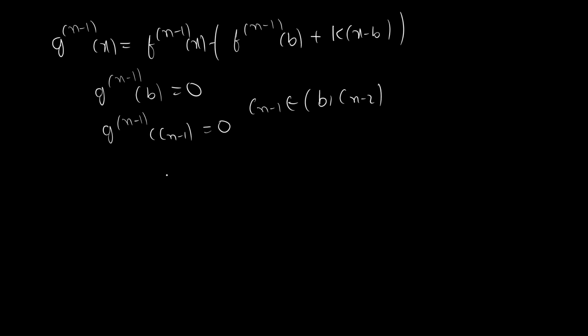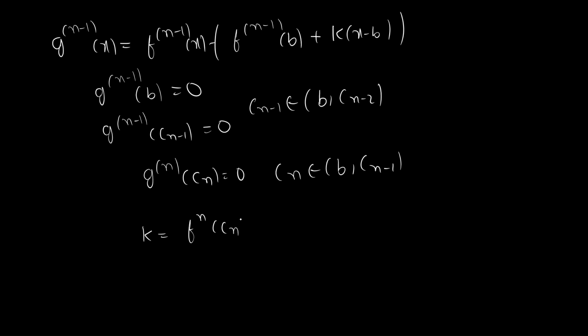Now I will apply Rolle's theorem again finally, and I get g^(n)(cn) = 0, where cn will lie between b and c(n-1). Now when I take the next derivative and put cn, I get k = f^(n)(cn).